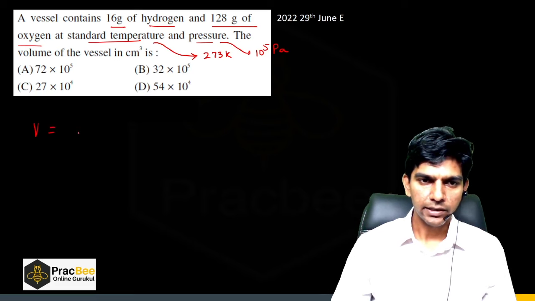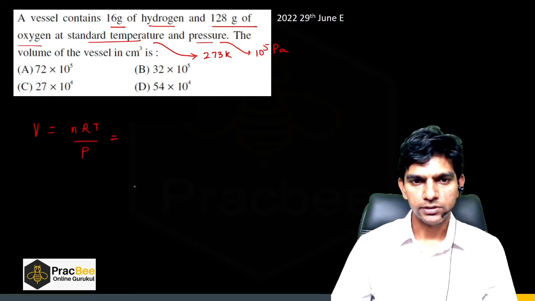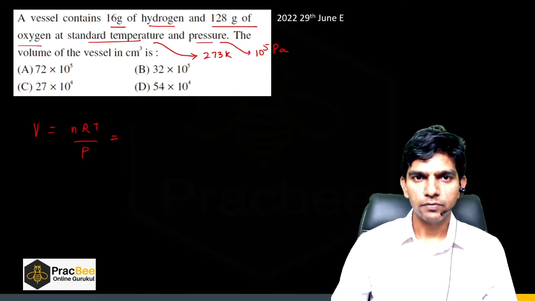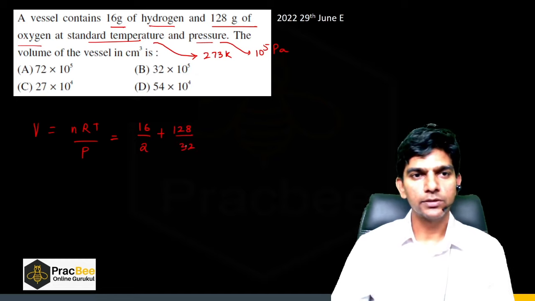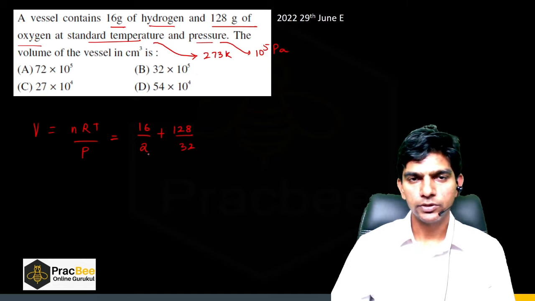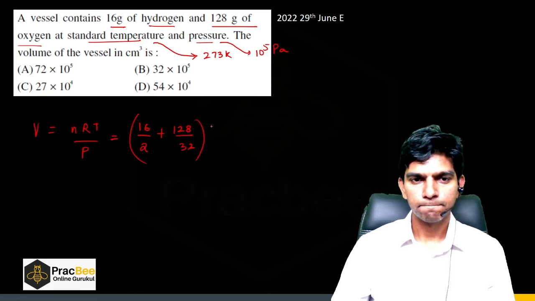By the ideal gas equation, nRT by P is the volume. So let us first calculate the moles. We have been given mass, so it will be mass upon molar mass, 16 divided by 2 plus 128 divided by 32. 32 is the molar mass of oxygen, 2 is the molar mass of hydrogen gas, times R. R is 25 by 3.